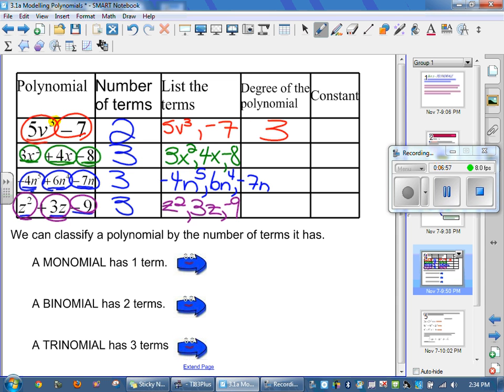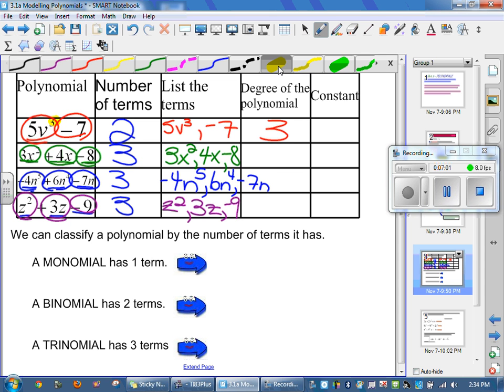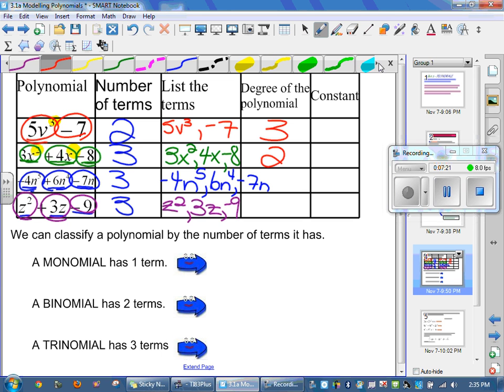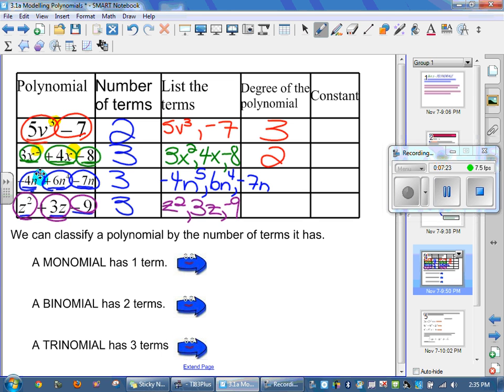Okay? Let's look at the next one. The next one has exponent 2, and it's got a hidden exponent 1, and the 8 is a degree 0. So who's biggest? The 2. So this one is a degree 2. If we look at our third example, we've got a 5, we've got a 4, and we have a hidden 1.